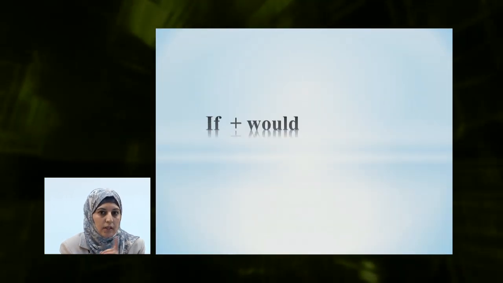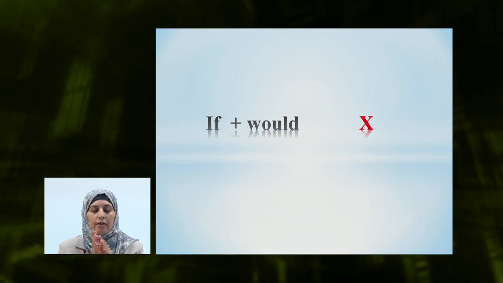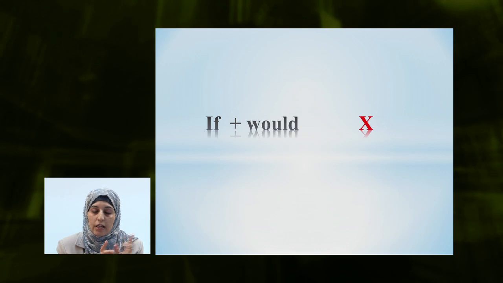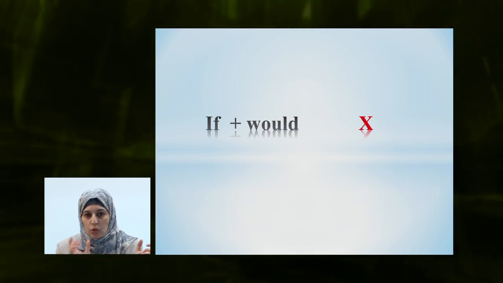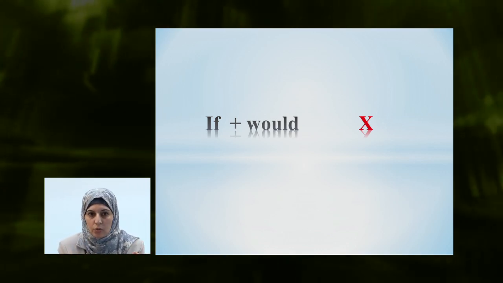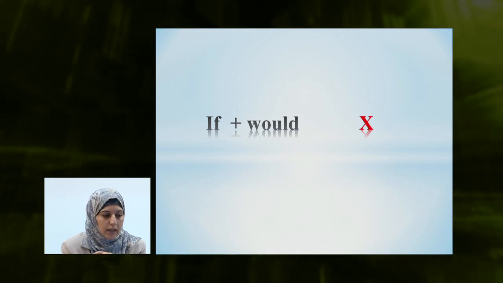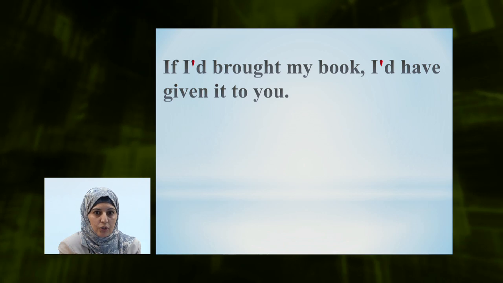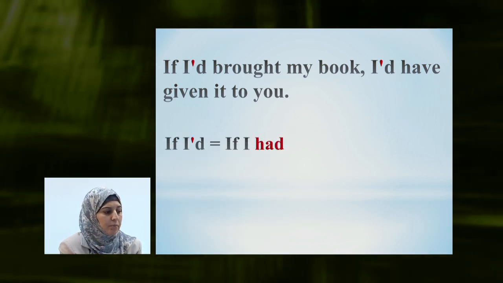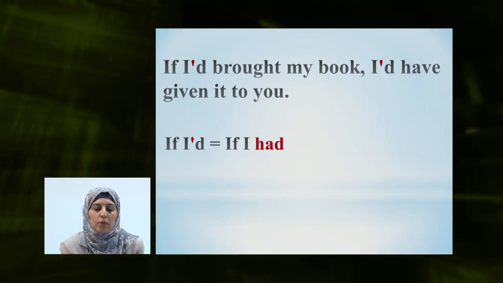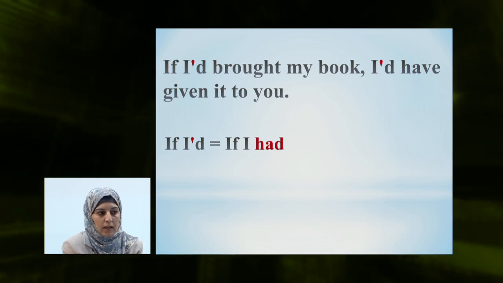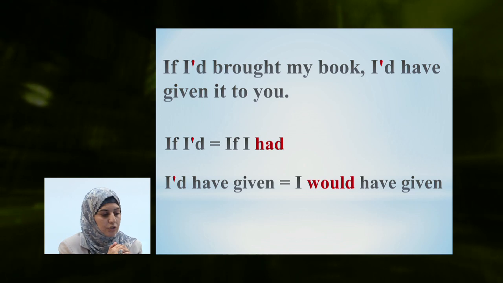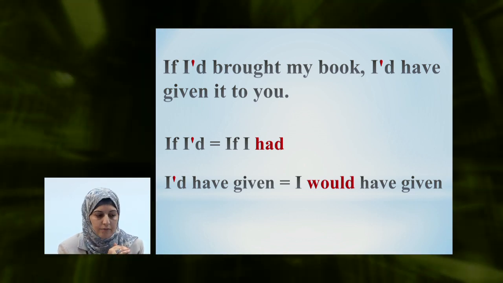Remember that if can never come with would in one sentence. If is in one clause and would is in the other clause, they can never come together. So in our sentence, if I'd brought my book, it can never be I would. It must be I had. And in the main clause, I'd have should be I would have given.